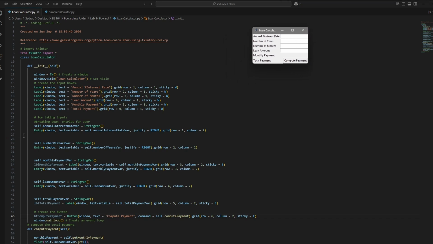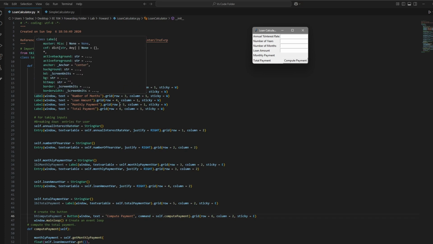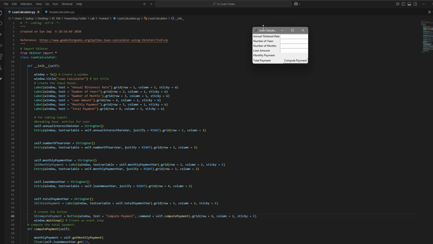So the first thing to note is the location of the text. This is the first column, and we would have row 1, 2, 3, 4, and the following. The rows with their corresponding text would be seen in this part of the code here. So we would be able to see that annual percent interest rate would be seen from this first column and the first row.